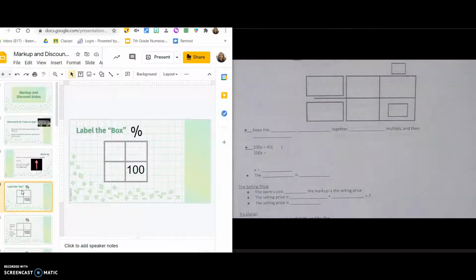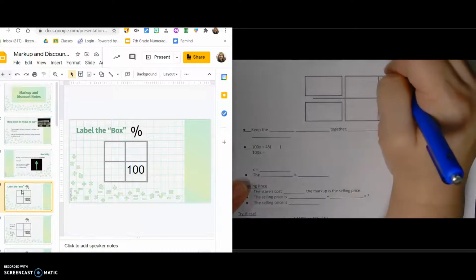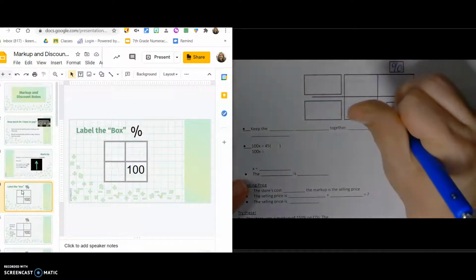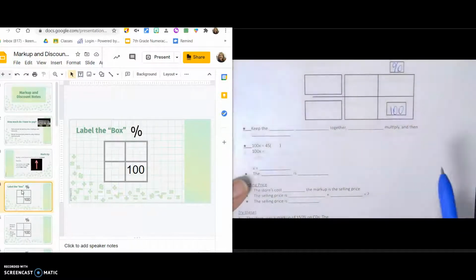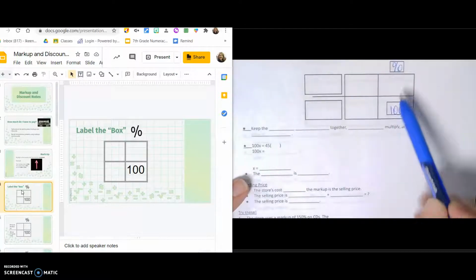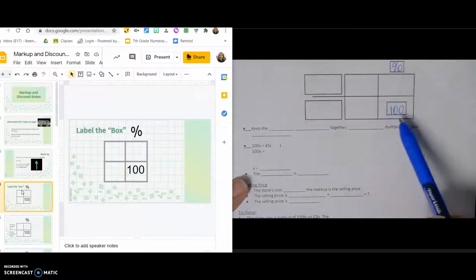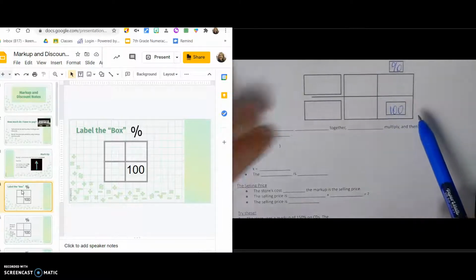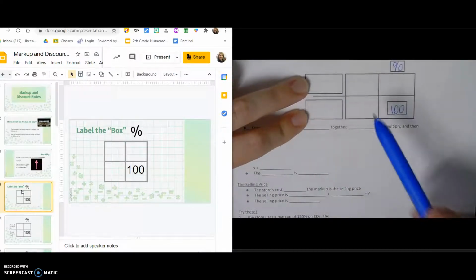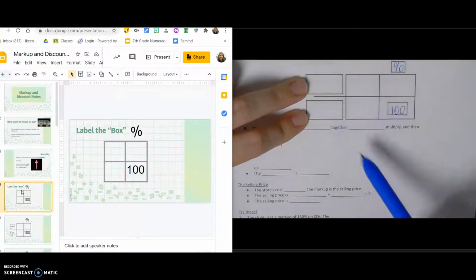Okay, so the box to the left says label the box. Percents are always out of 100. So on the right side of our box, the reminder is that this column is the percents, and percents are always out of 100%. Now we're going to label our box. In Mrs. Brown's class, we've talked about the words that we know, the things that we are comparing.